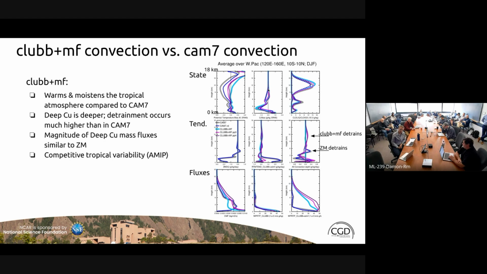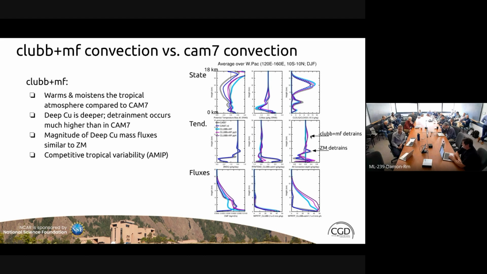But I want to highlight that it's not just that we're activating more clouds because we're hooked up to the aerosols. One of the reasons we have a lot of cloud ice at higher altitudes in the tropics is because of the convection tendency of moisture. I'm highlighting where CLUBB-MF has detrainment layers, primarily in this 9 to 14 kilometer region.